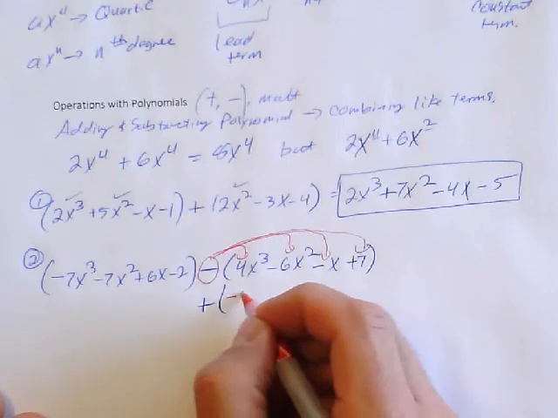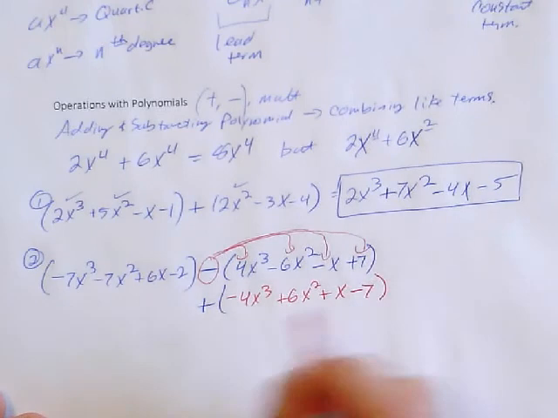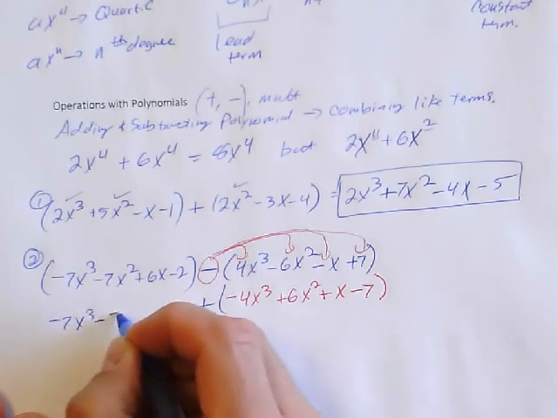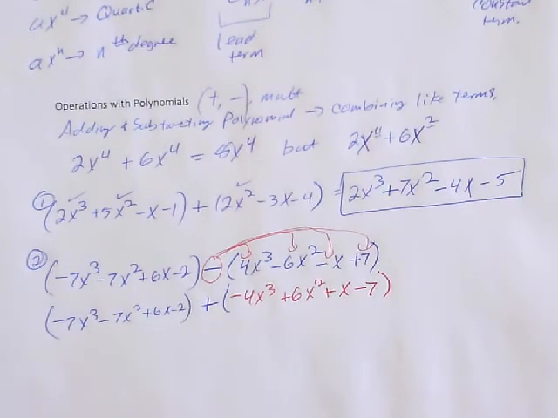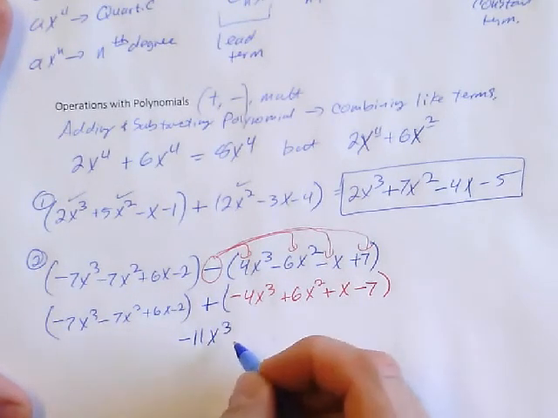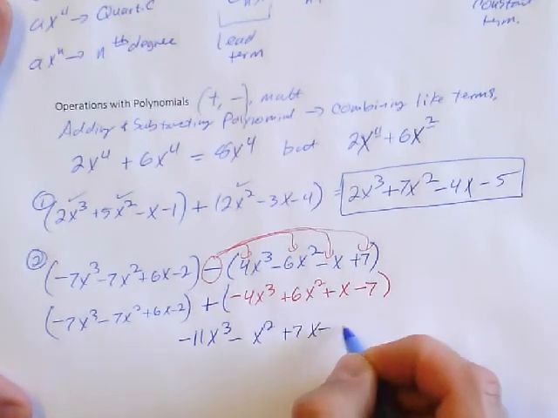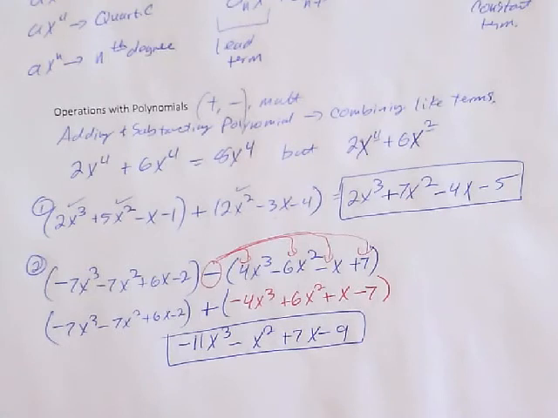So this new polynomial, negative 4x cubed plus 6x squared plus x minus 7, all those take on their negative sign, their negation. So combining these, we get negative 11x to the third minus x squared plus 7x minus 9. So that is our addition and subtraction.